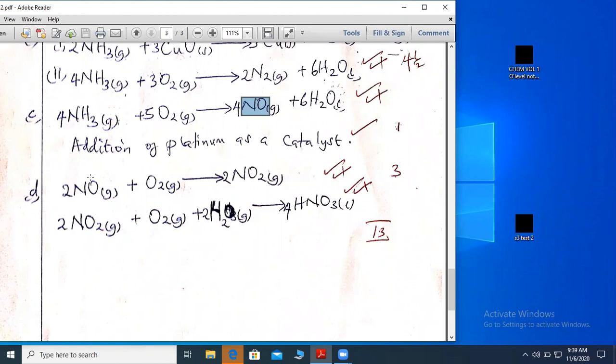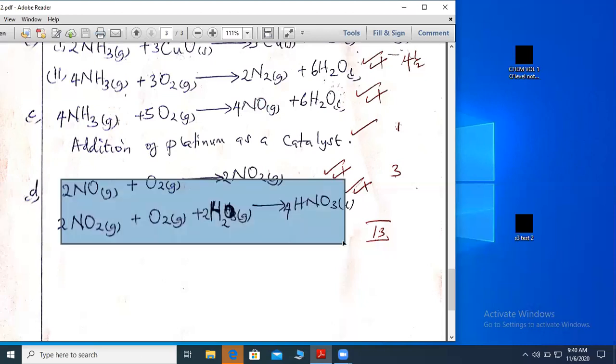Then lastly, part D was asking you to write equations to show how this nitrogen monoxide formed can be converted to nitric acid. And it was 3 marks. There, we wanted only 2 equations. Don't again start from the formation of nitrogen monoxide.